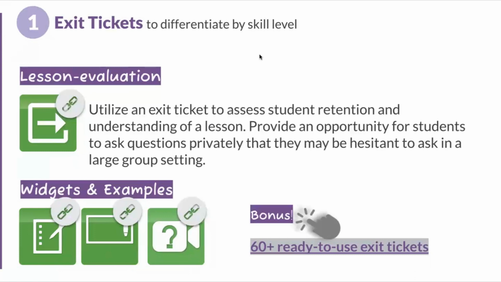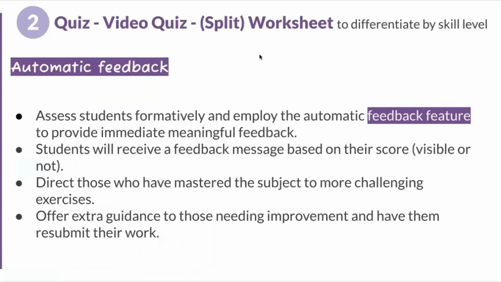So that's all for exit tickets. So, talking about the quiz, video quiz, worksheet, and split worksheet, a great way to help your students and to differentiate your instruction and set up your students for these different learning pathways is to use the automatic feedback feature. So you want to assess students formatively. So you want to give them that quick assessment for them to check their understanding.